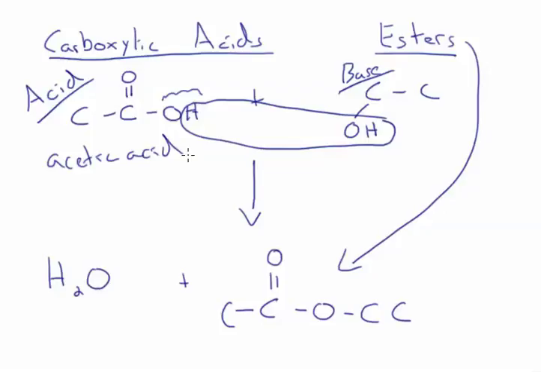Let's practice naming carboxylic acids first, and then we'll try esters. In this first example, you can recognize that it's a carboxylic acid because it's always going to have COOH. Remember, those O's are not bonded to each other, but they're both bonded to that carbon. If we draw this out, because there's just one extra hydrogen, I'm going to go ahead and show it.